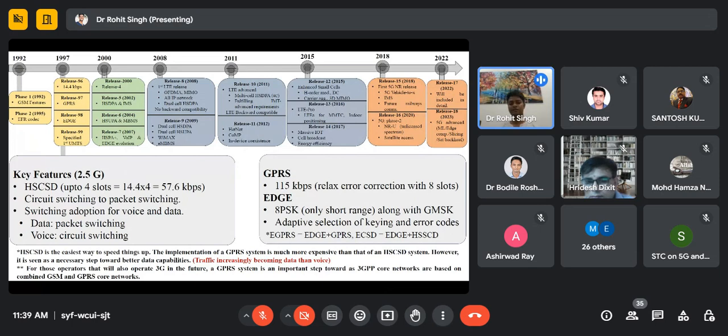Now, next comes EDGE. EDGE stands for Enhanced Data rates for GSM Evolution. Whatever GSM was used, now in the enhanced data rate, we can use 8 PSK as compared to the earlier modulation. When we transmit 8 PSK, instead of 2 bits per symbol, in the same time we can transmit 3 bits.